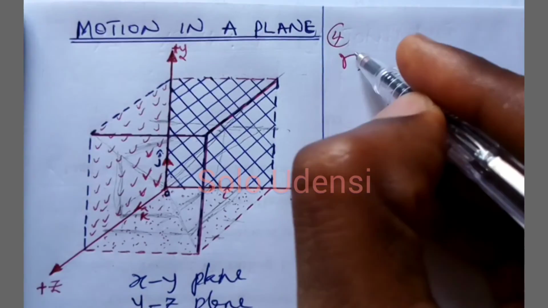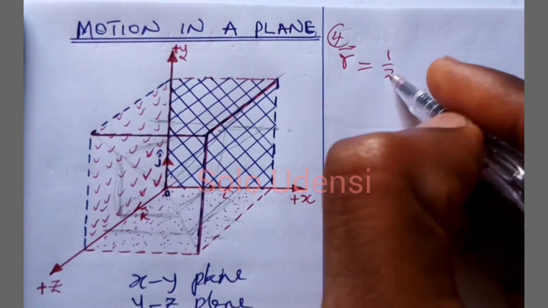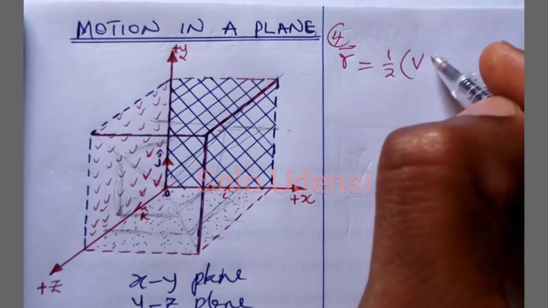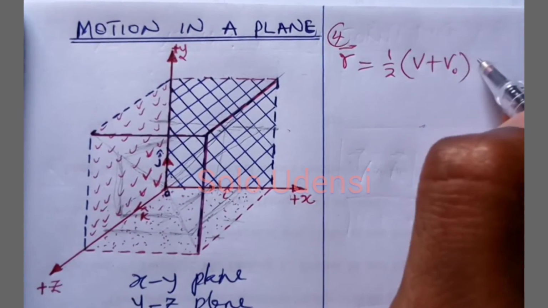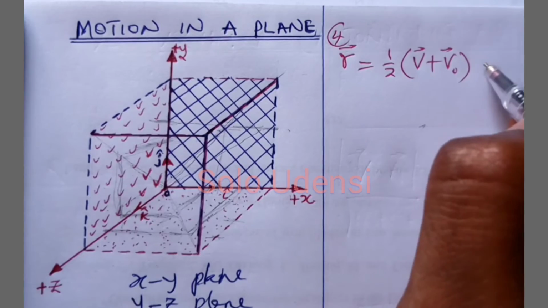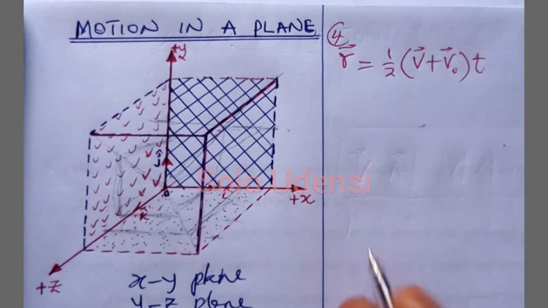We can also do the last one. The r vector is equal to the average velocity, initial plus final, times time.